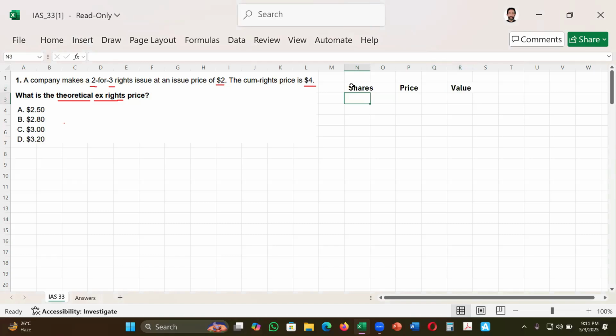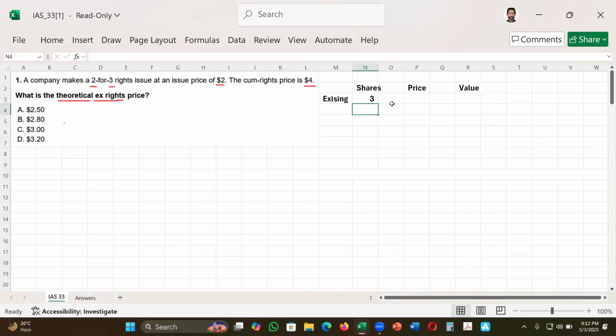The number of shares before the rights issue: the company makes 2 for 3, so existing we have 3 shares, and the price of those shares is 4, because the price before the rights was 4. So right now we have 3 shares and every share has a price of 4. So the value that comes up is 12.